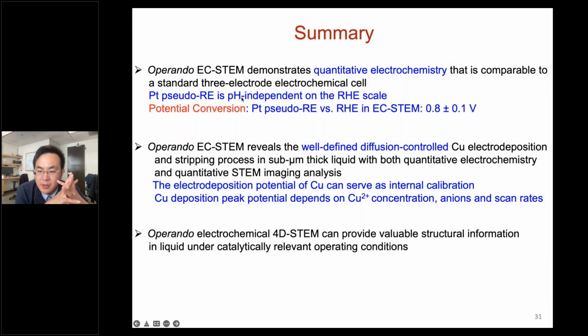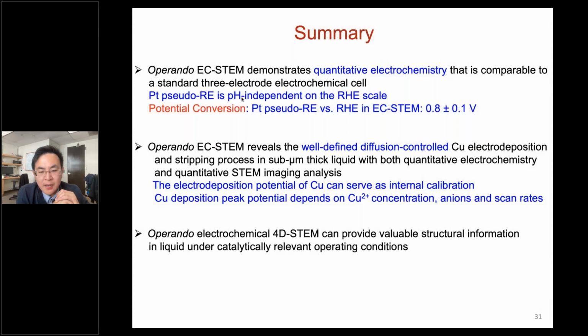The second one I want to point out, as you can see from the study of copper deposition, is that we can demonstrate a well-defined diffusion control process in this confined liquid layer, which enables us to do both quantitative electrochemistry and quantitative STEM imaging analysis.